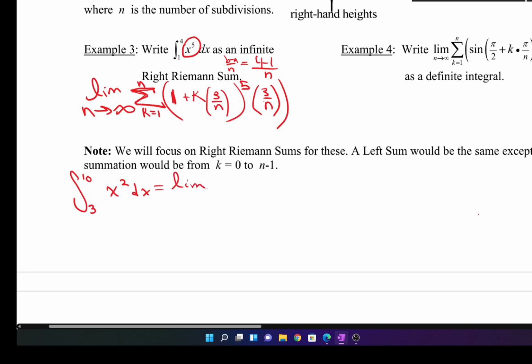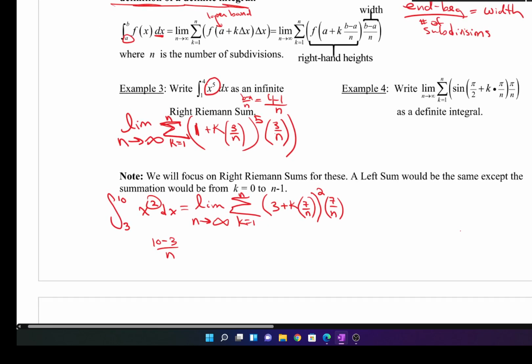Okay, the limit as n approaches infinity, k equals 1 to n, and then I'm doing, ready, the lower bound plus, I'm doing the k, and then I'm doing that b minus a over n business, which is going to be 7 over n, and then there's going to be a squared, because I had x squared, and then I'm going to do a 7 over n on the outside as well. And that is the answer to that one.